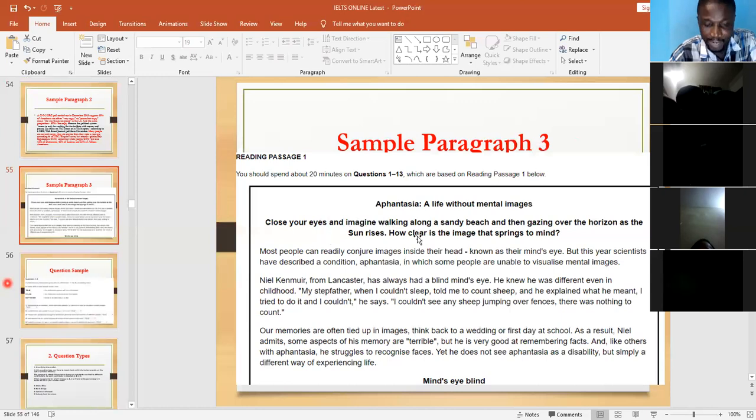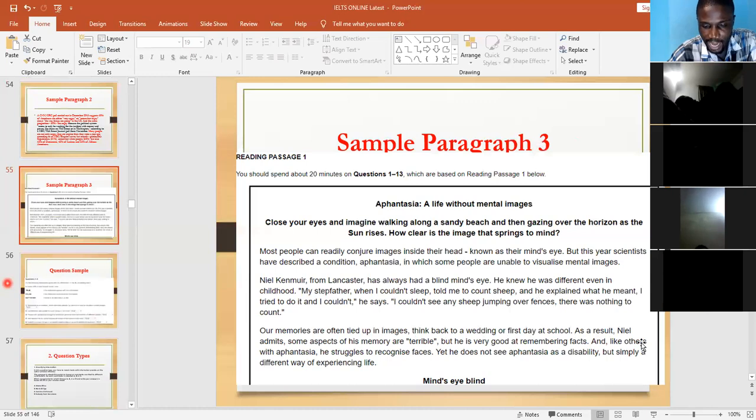Once you are reading a paragraph, whether a sub-paragraph or a big paragraph, it is still the same thing. We have read this one before: close your eyes. It was talking about people who had mental images and people who do not. This part was talking about the guy who could not count sheep in his head. In this part, he said our memories are often tied up to images, thinking back to a wedding or first day at school.